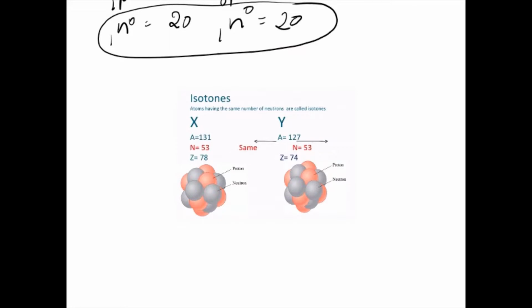So here same atomic mass is 131, number of neutrons 53, number of electrons or protons is 78 in this. So number of neutrons, here also it is 53, here also it is 53. So these two will be isotones. Okay. So I hope it is clear.